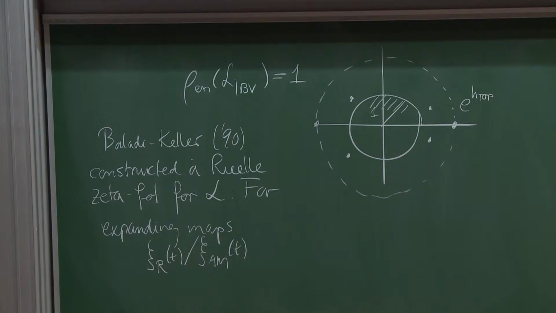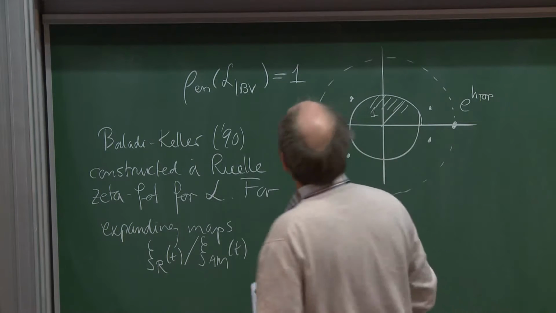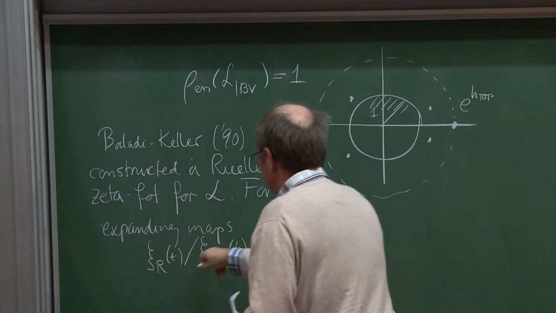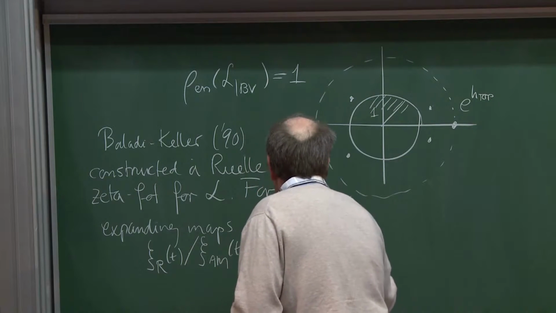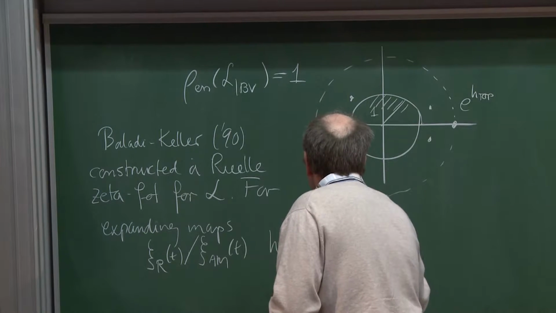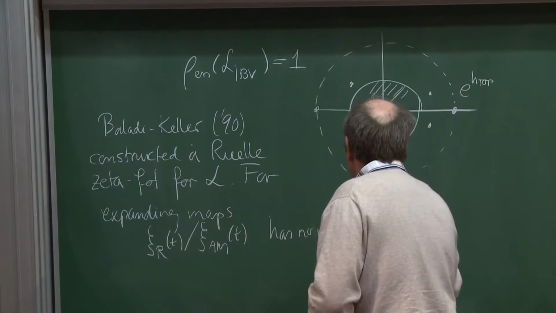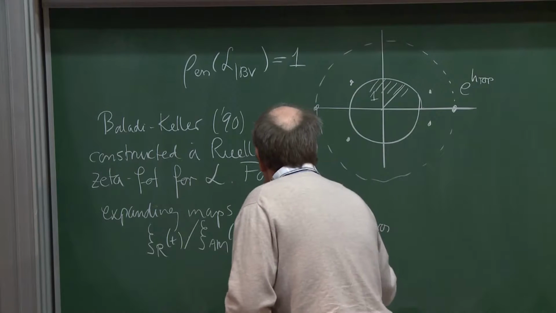Usually you can choose them to be the same, but otherwise there might be some correcting factor. But this here has no poles, no zeros in the unit disk.